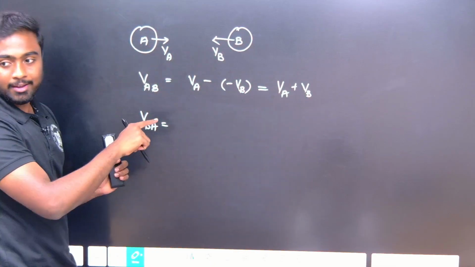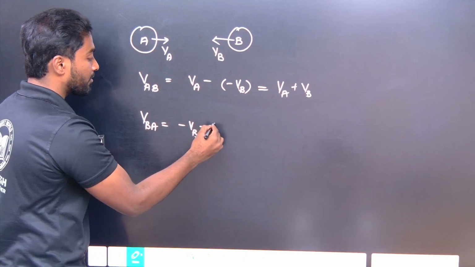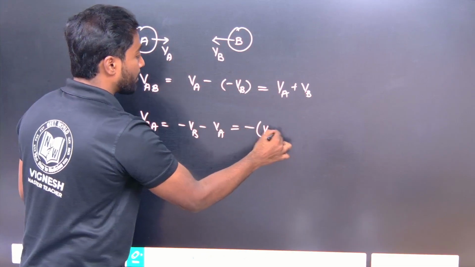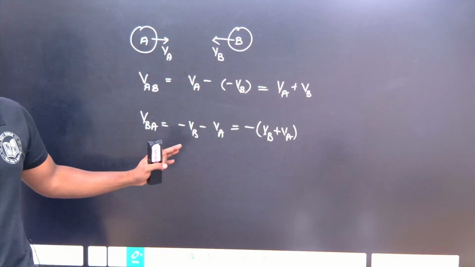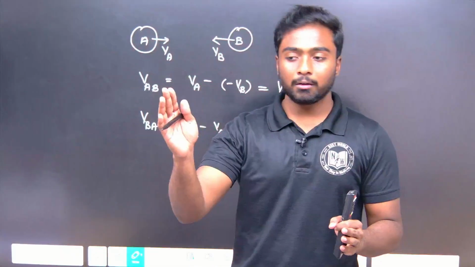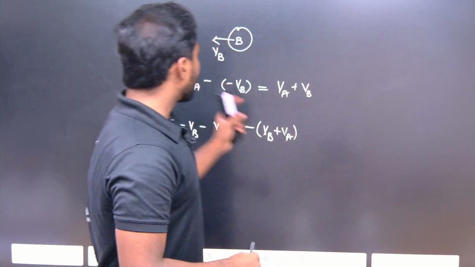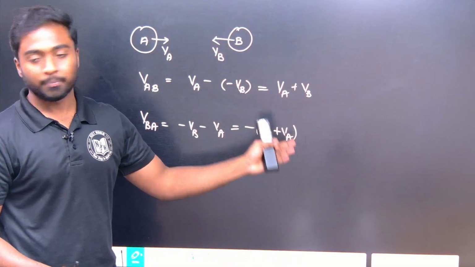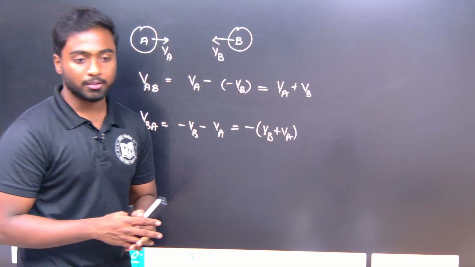B is negative, A is positive, so minus VB minus VA is minus of VB plus VA. Got it? Any doubt in this case? So simple thing: one is going forward and the other is going backward. Earlier I had taken both in the same direction, and in this case they are approaching each other.